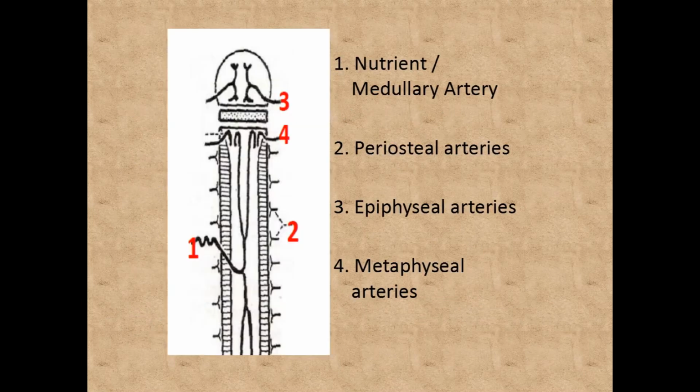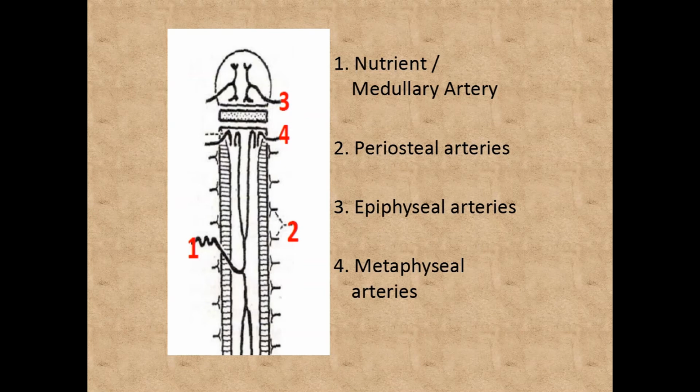In this slide, we'll have a brief overview about the blood supply of a bone, in this case a long bone. So number one is the nutrient or medullary artery. This artery will enter the bone mid-shaft and it will progress on to become metaphyseal artery.